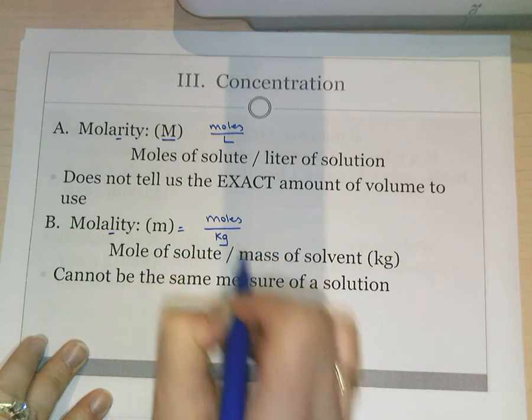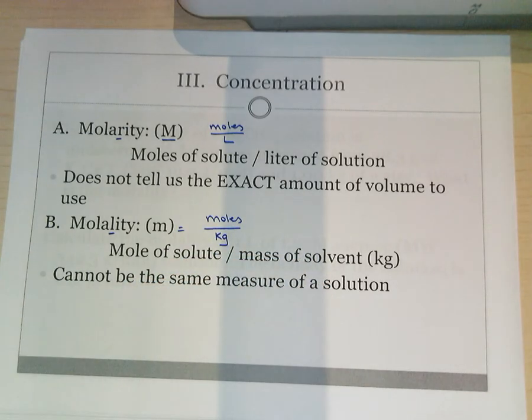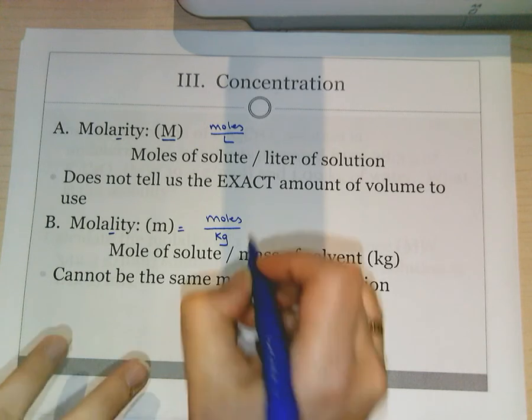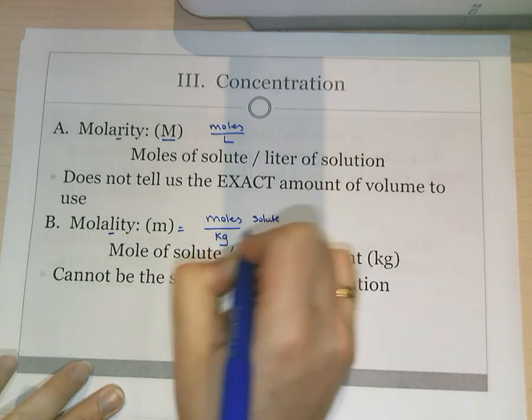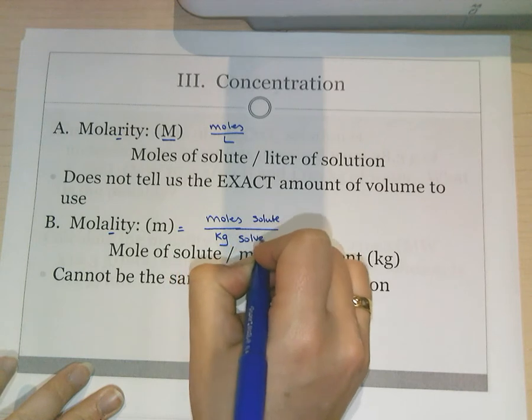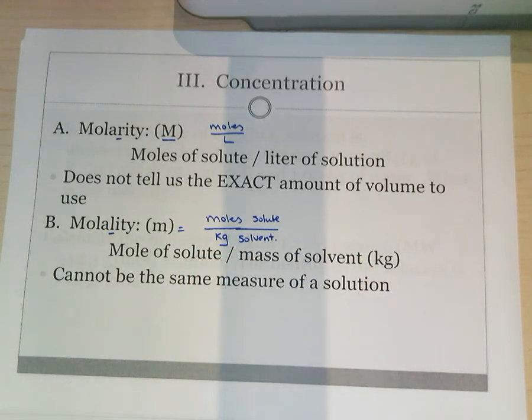Because molality is looking for moles per kilogram. So moles of solute per kilogram of solvent. And so molality is technically a more accurate measurement than molarity.